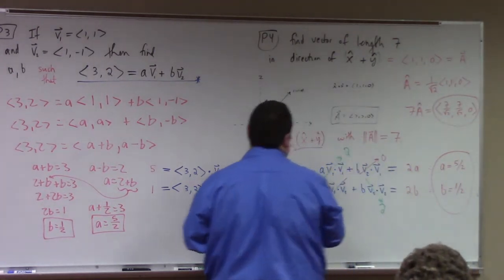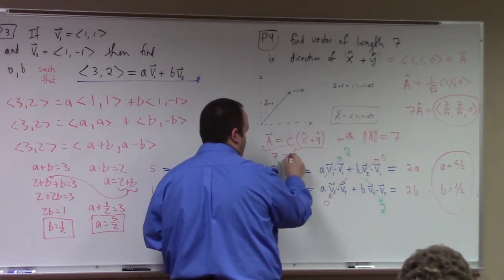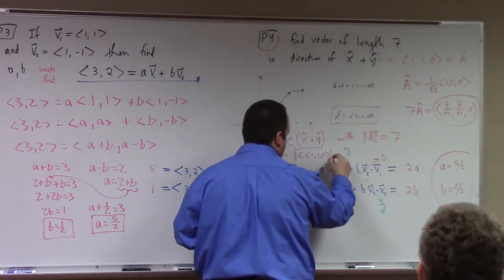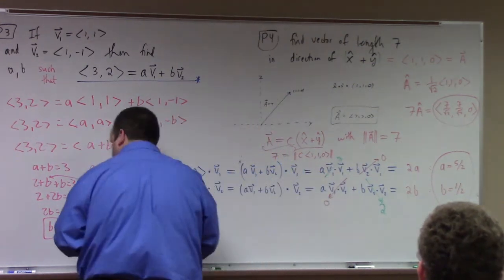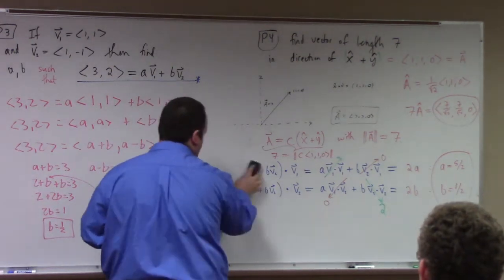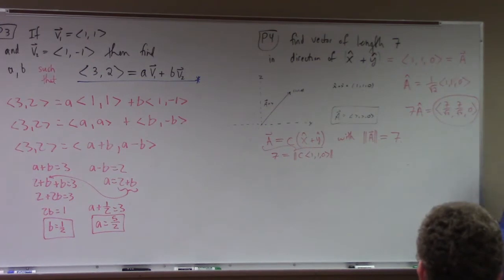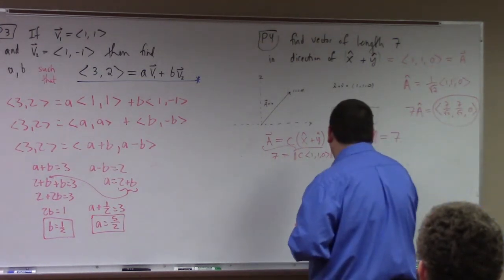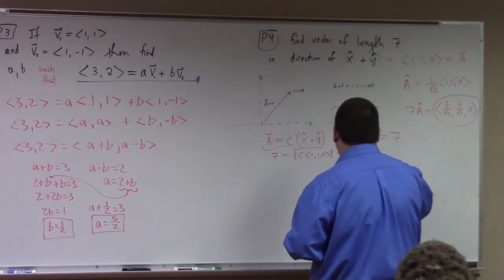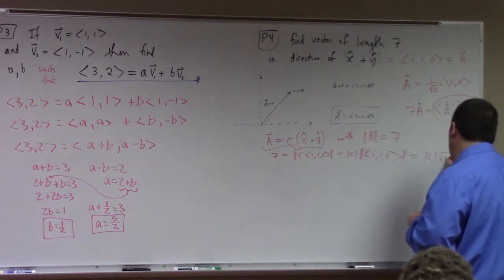If we solve that, the length of a is 7, and that would be equal to the length of c times the vector 1,1,0. Yeah, so this is the absolute value of c times the length of 1,1,0, which of course is the absolute value of c times the square root of 2.